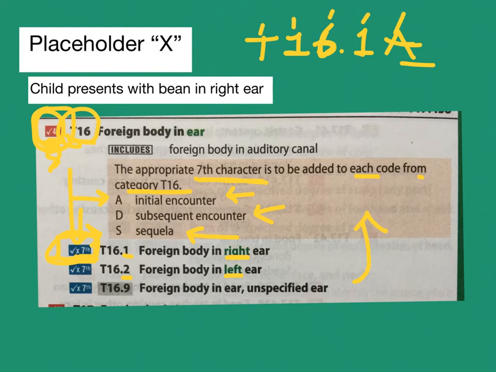So this is also an invalid code. This is where those placeholders come into play. T16.1, we're at 4 characters, 5, 6, and then A is the 7th character. So the final code for this bean in the right ear is T16.1XXA.